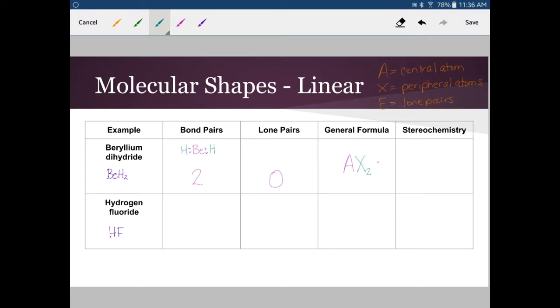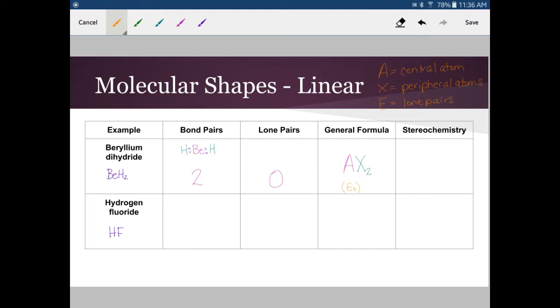Now, either I can say AX2E0, or I can simply leave it as just AX2. Generally in this case, our general formula would be AX2.